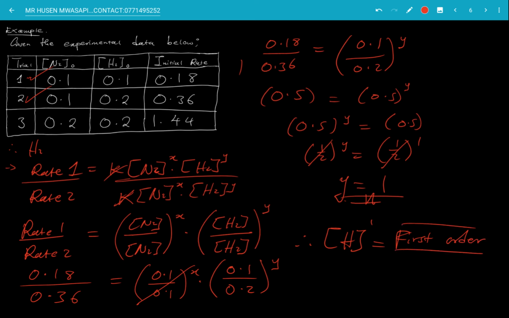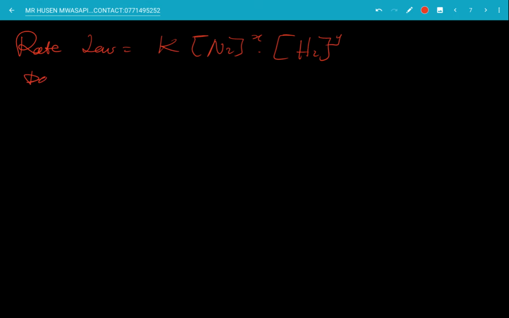Let's be mindful of what we've just done. So now, what we have to do now is write the rate law. So now the rate law, remember, is equal to K times the concentration of the first reactant, which is N2 raised to X, times the concentration of the second reactant, which is H2 raised to what? Y. Now we know from what we have found that X is equal to what?